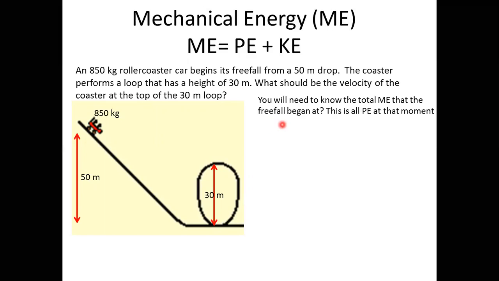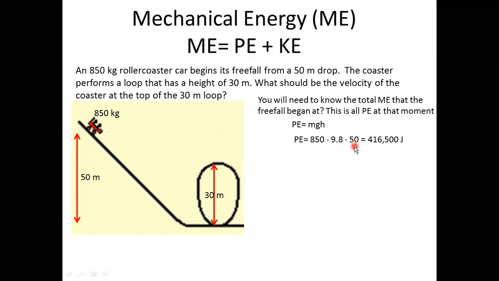We're going to need to assume that this is all potential energy when the 850 kilogram car starts at 50 meters. So we will substitute in for potential energy, 850 kilograms, right? g, 9.8, force of gravity, height, how high off the ground, 50 meters.